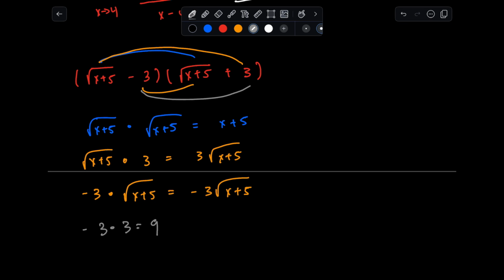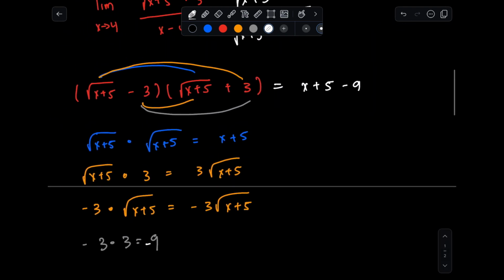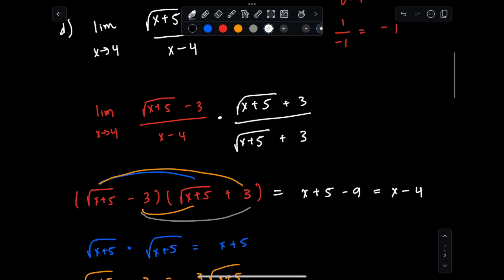And so since they have opposite signs and equal expressions, they just cancel out, and all we're really left with is x plus 5 for the blue part minus 9. Forgot that minus sign right here. There we go. And so simplifying this further, x plus 5 minus 9 is just x minus 4. All right. And so that takes care of this multiplication right here.